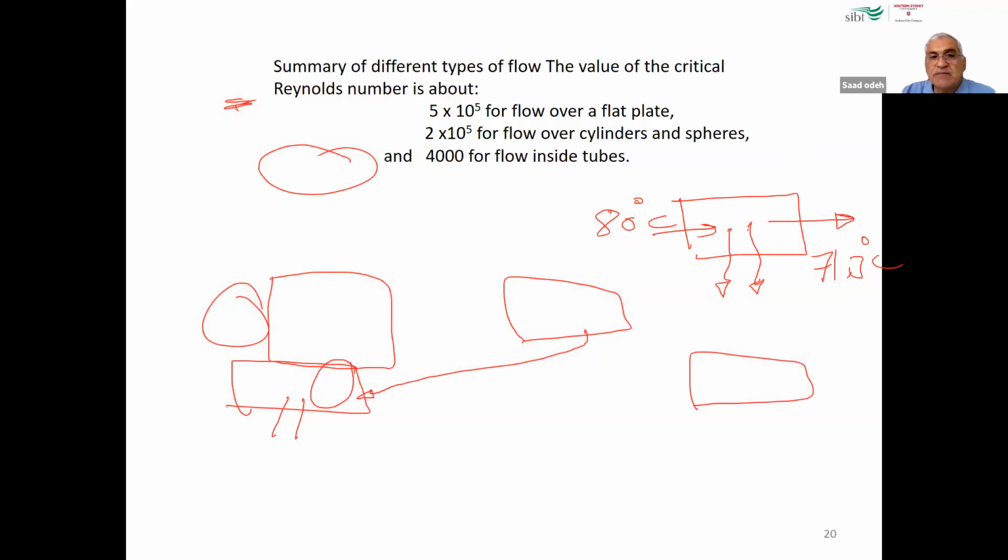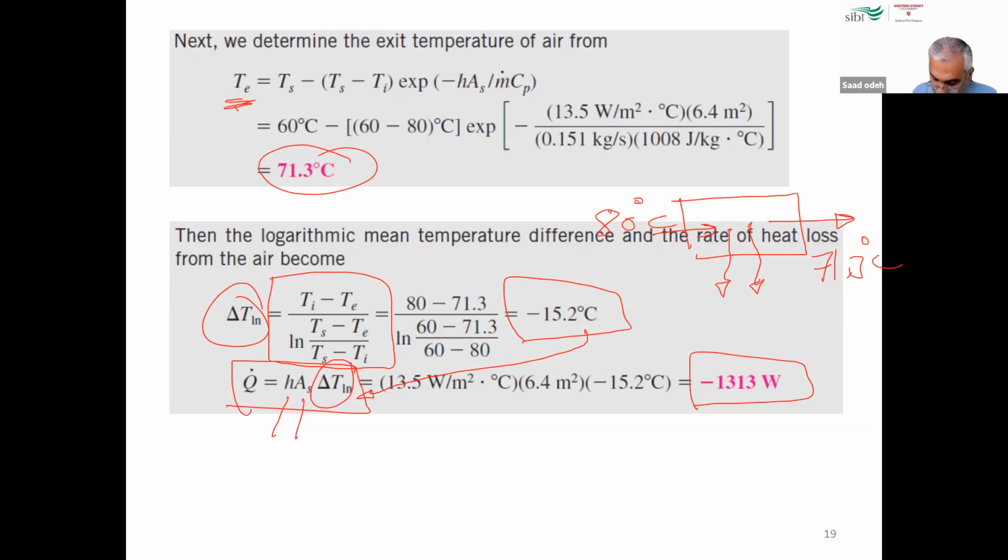Okay, so by this, actually, we finish the example of week 10. So we'll start now with the week 11 topic. As we mentioned before, the topic is about heat exchangers and types of heat exchangers.